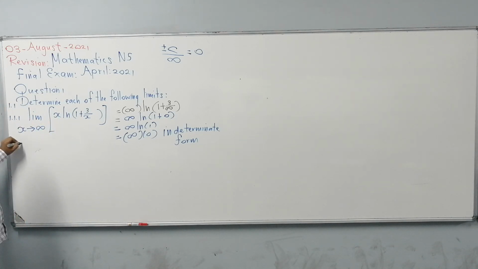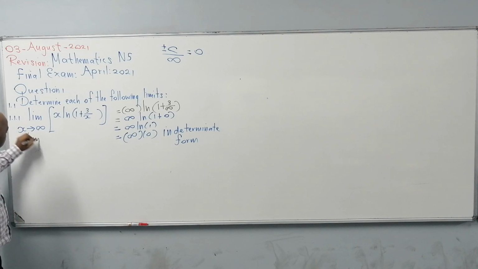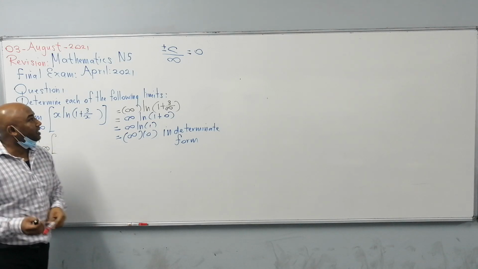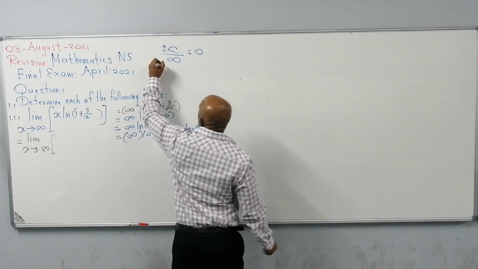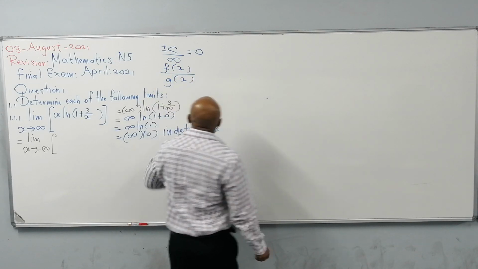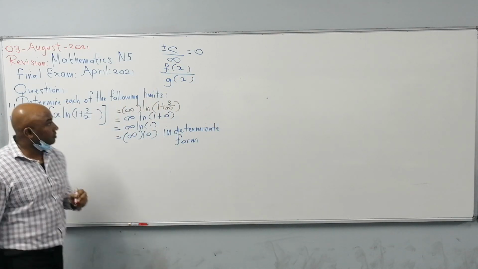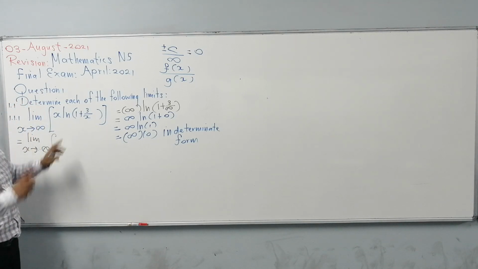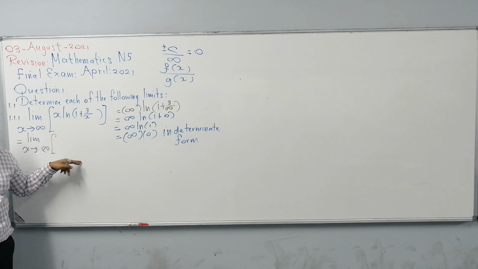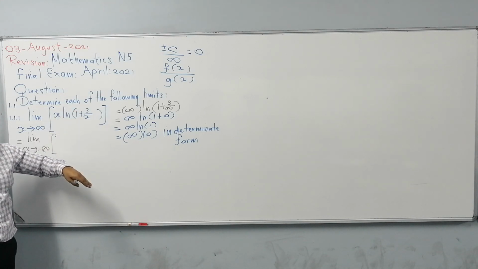Right, so now this is equal to the limit as x approaches infinity. We want to rewrite this in the form f of x all divided by g of x in order for us to use the rule. So we will rewrite this as a fraction. It's easier to take x to the bottom than to take ln to the bottom.